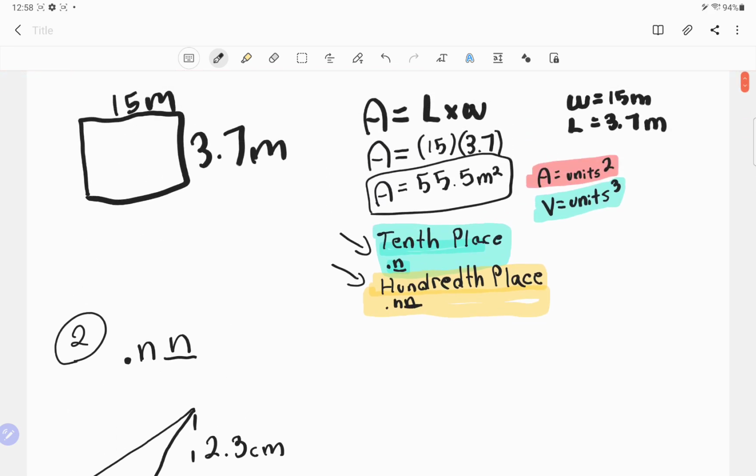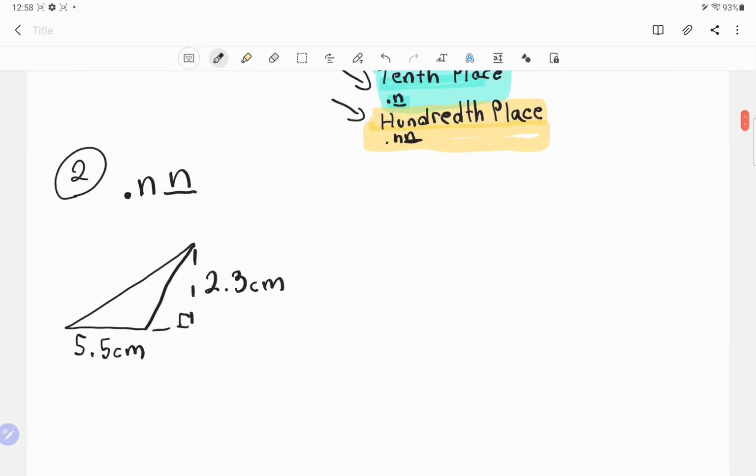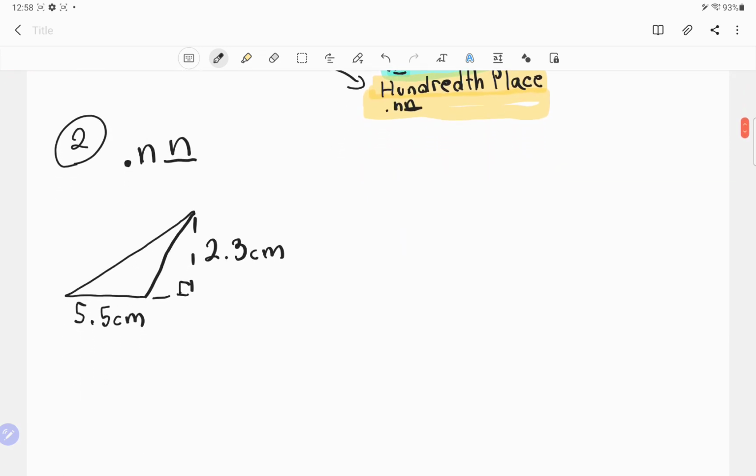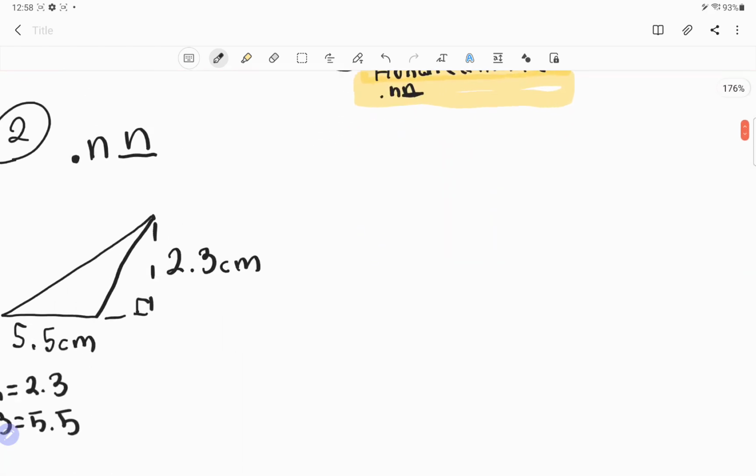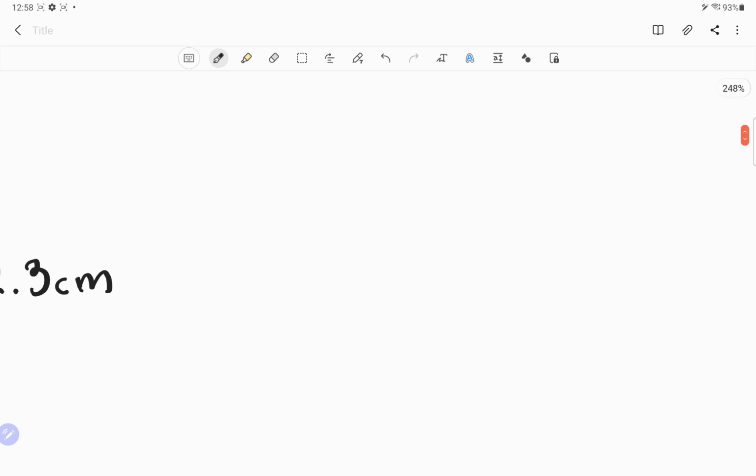Did I do this problem right? Yeah. Right. So I'm going to write what I have real quick. My height is 2.3, and my base is 5.5. Now I'm going to make it a little bigger just so you guys can see everything I'm doing.